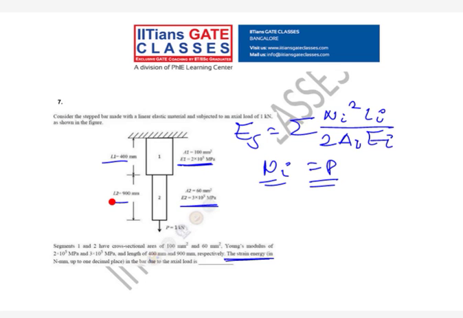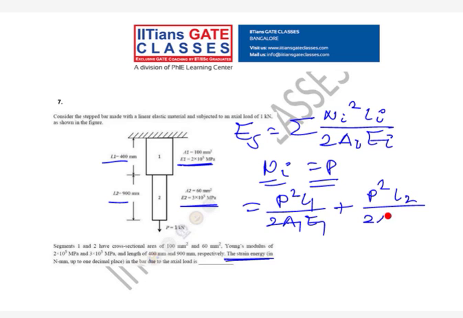So just write it and find out. It is P square L1 upon 2A1E1 plus P square L2 upon 2A2E2. Please find the strain energy, and they have given it in Newton mm. Find it in Newton mm. Please guys, do it.